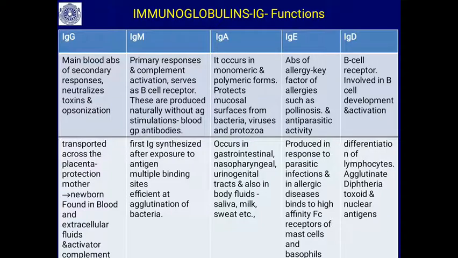So coming to IgM, it brings the primary response, and it is the first immunoglobulin synthesized after exposure to an antigen. That's why it brings the primary response. It activates the complement system and it binds the B cell receptor. These are produced naturally without antigenic stimulation also.